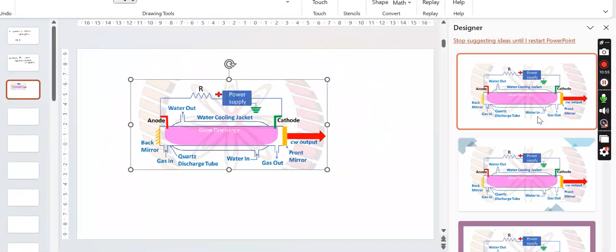So this is the schematic of the setup. Here you can see the anode and cathode at the ends. It is also called end pumping.